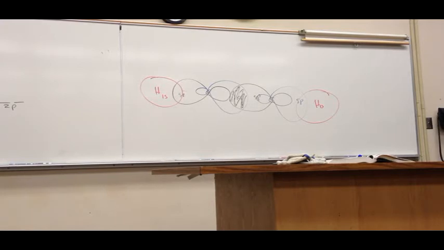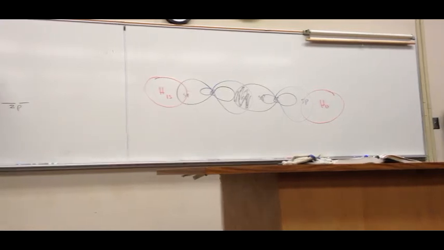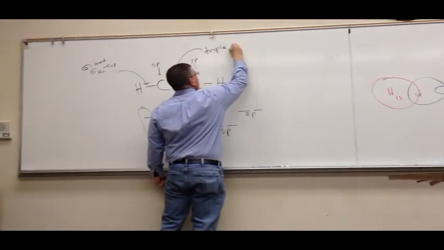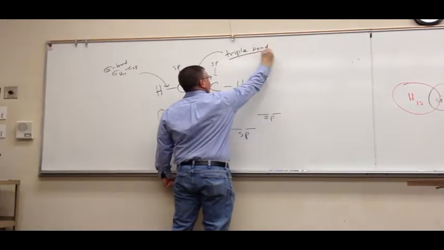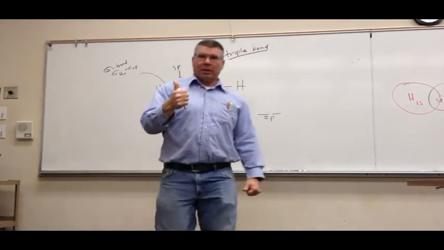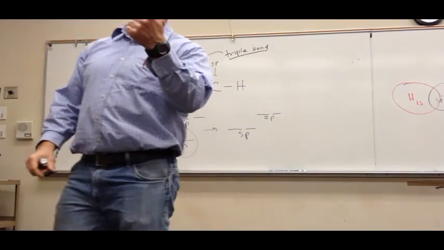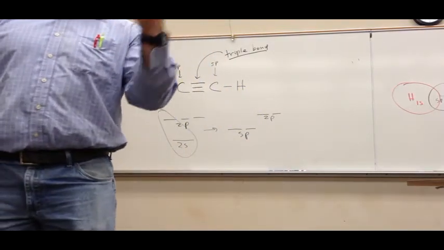The carbon-carbon bond is a triple bond, right? And we've already seen that whenever there's a triple bond, there's one sigma and two pi's. Remember that?